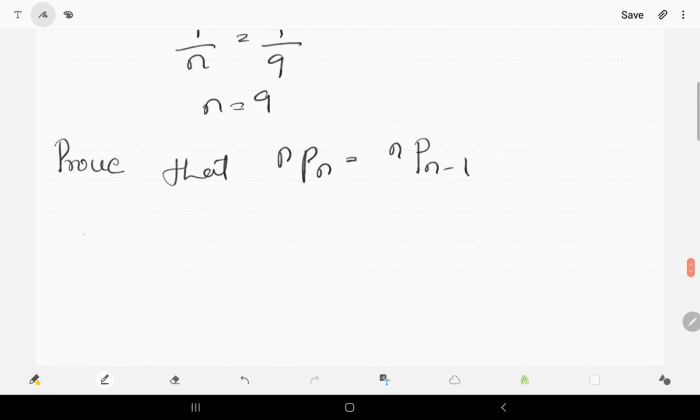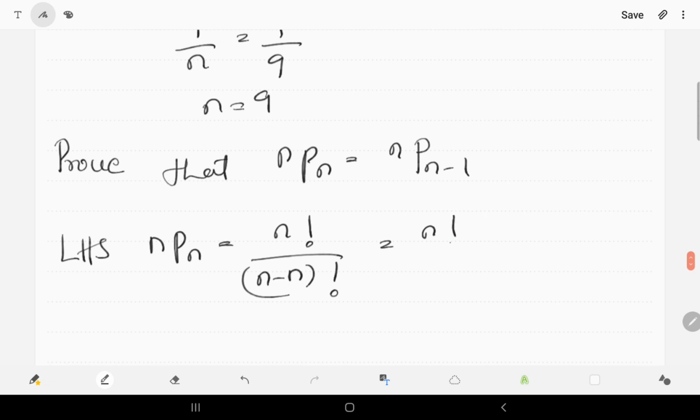Let us start from LHS. nPn is equal to n factorial divided by (n minus n) factorial, that is n factorial divided by 0 factorial, or n factorial by 1, that is equal to n factorial.